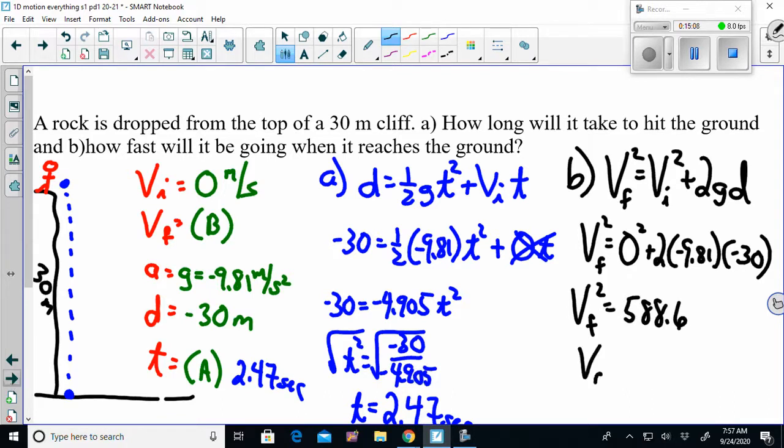I'm going to take the square root of both sides. So 24.26. So my answer is 24.26.